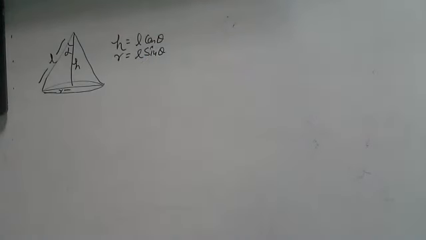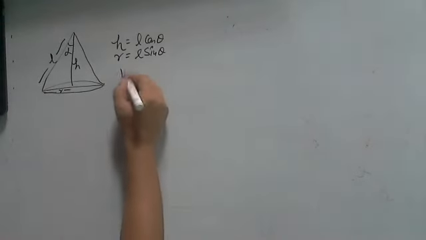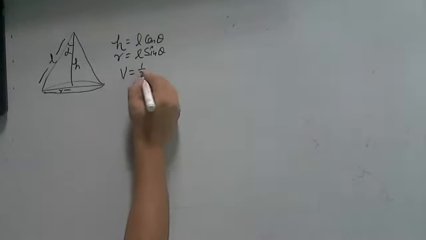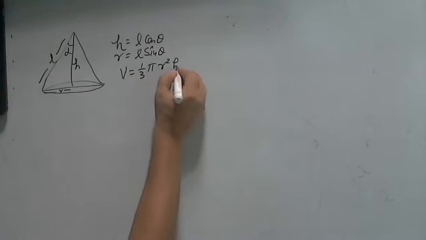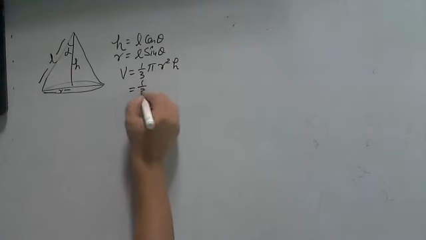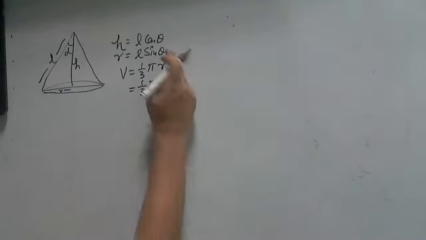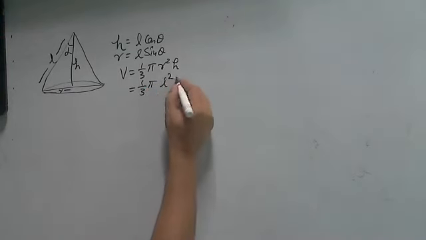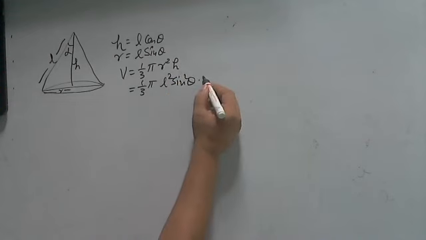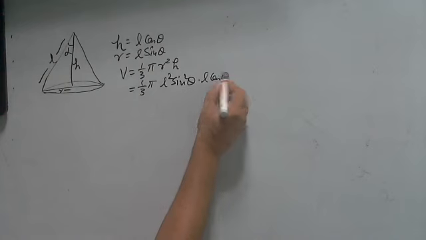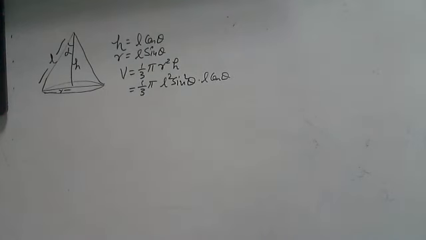And we all know the volume of a cone is 1 upon 3 pi r square h. So it gives you 1 upon 3 pi, r means L sin theta, so L square sin square theta into h, which is L cos theta. We all know L is a constant item.